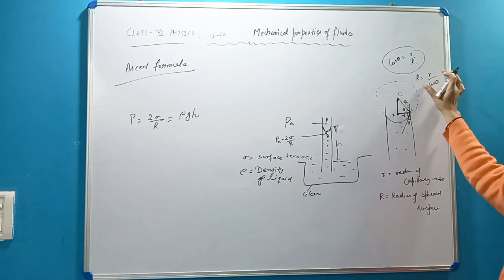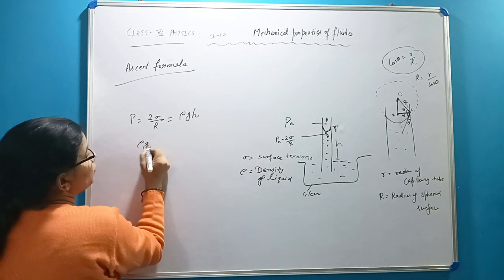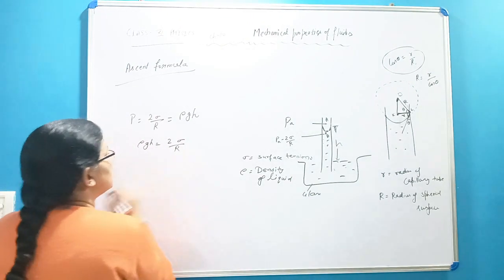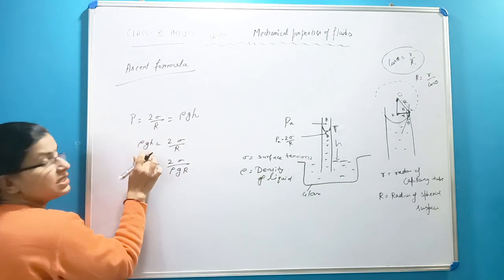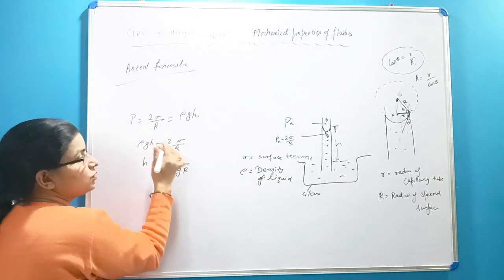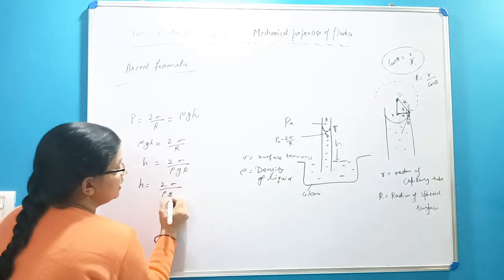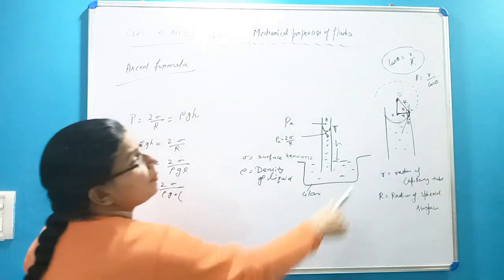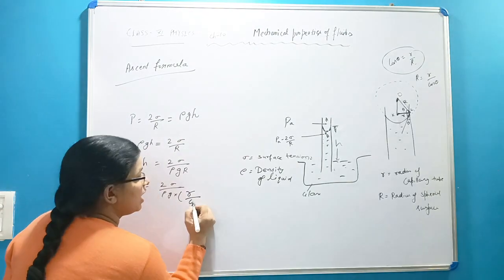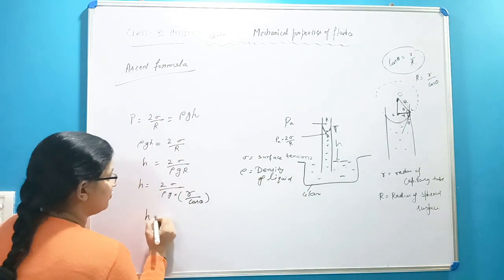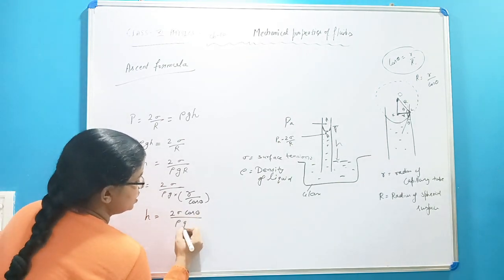Why am I solving this? Because I have to substitute the value of capital R here. So rho g h is equal to 2 sigma by R, and h is equal to 2 sigma by rho g R. Rho and g are in the numerator on this side, so they come to the denominator. Substituting the value of capital R as r by cos theta, I get the formula h is equal to 2 sigma cos theta by rho g r.